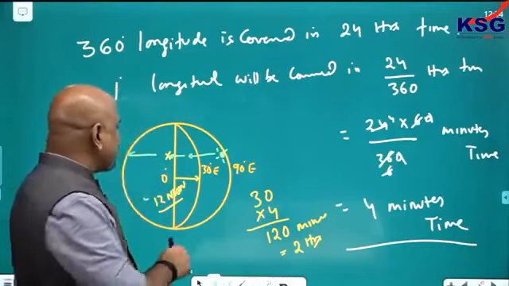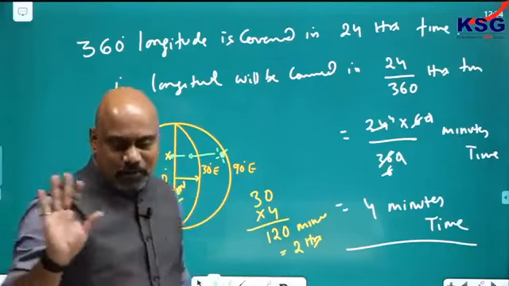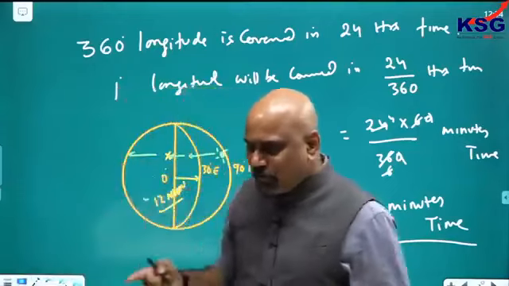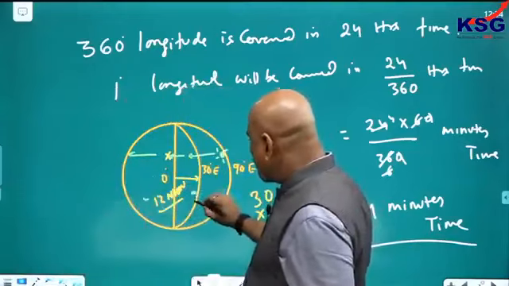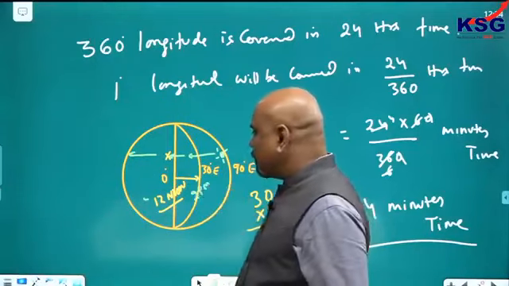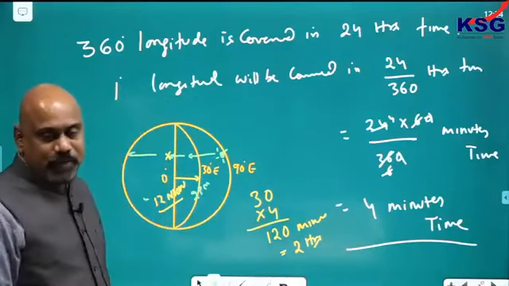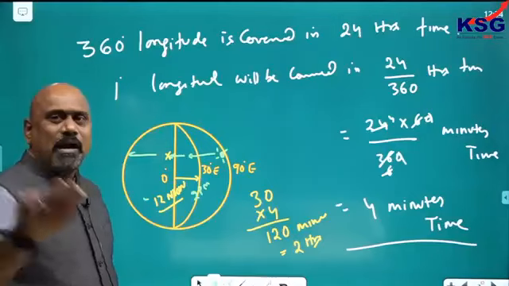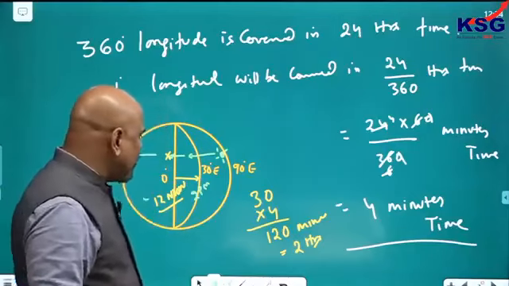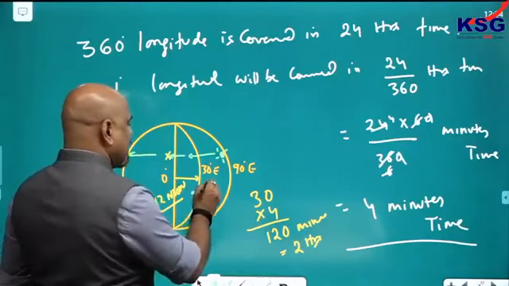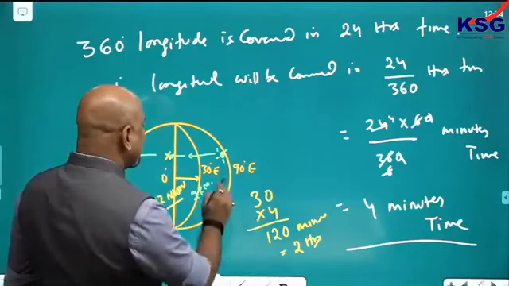So what will be the time please? 30 degrees timing, tell me. AM or PM? 2 PM. Very good, thank you. Now you got it. 2 hours, 2 PM here. Now you tell me one thing. At 90 degree, what will be the time?